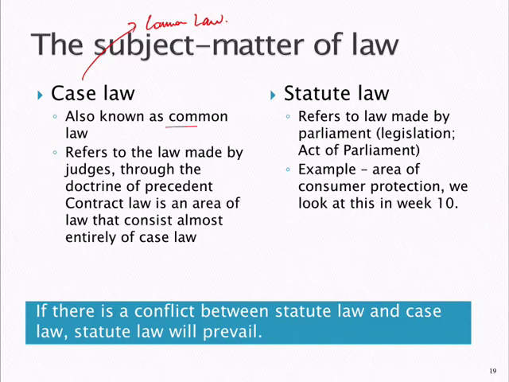That precedent is how we develop the common law. So it's the law that's made by judges through the doctrine of precedent. In our topics, contract law is an area that has a lot of case law. There's a lot of statute that supplements it now, but the original basis of a contract, what is an offer, what is an acceptance, is about the doctrine of precedent and the application of case law.